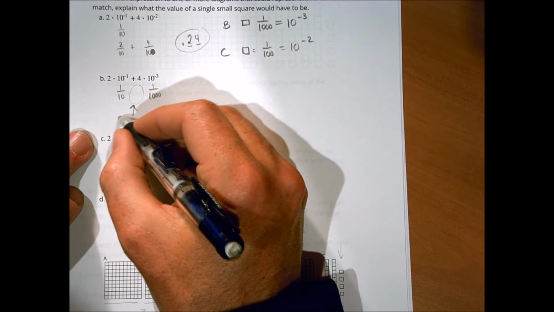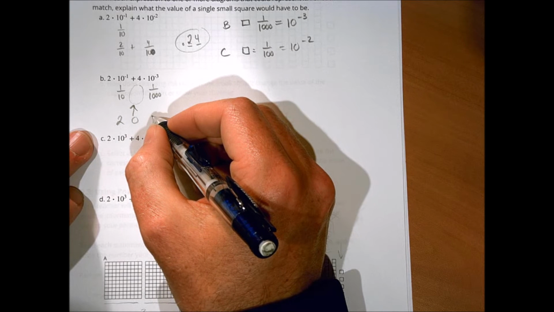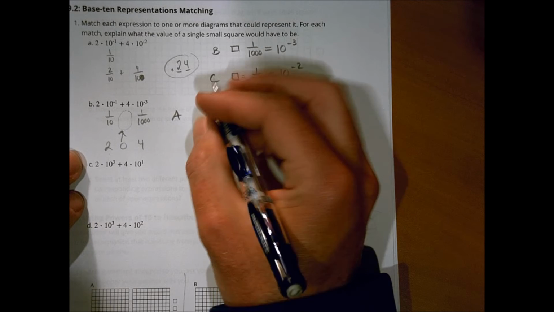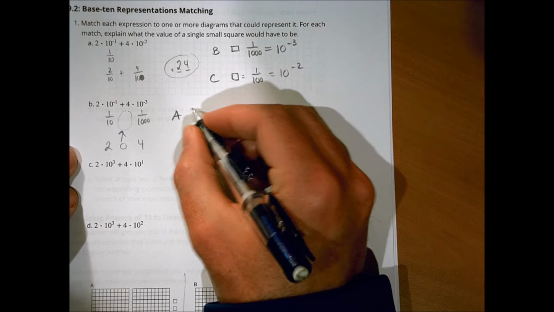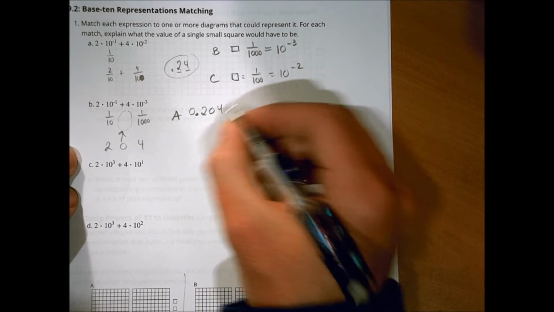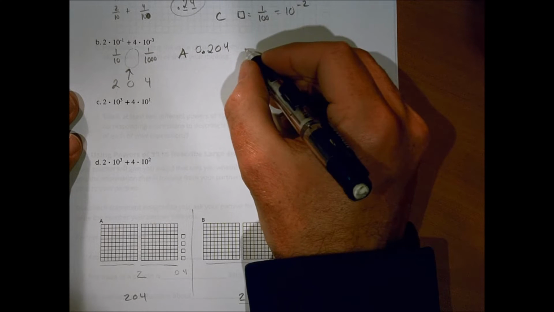So I have a 2, a 0, and then a 4. So 204. So that's going to match up with letter A best, because that one was a 204. So in this case here, this becomes written out as, since it's negative, 0.204. So in this picture here, what is the value of one little square?